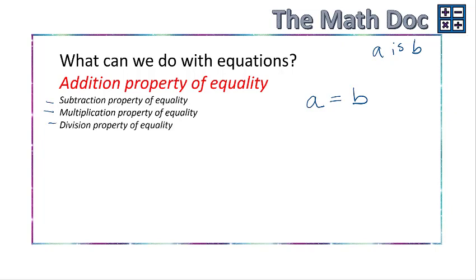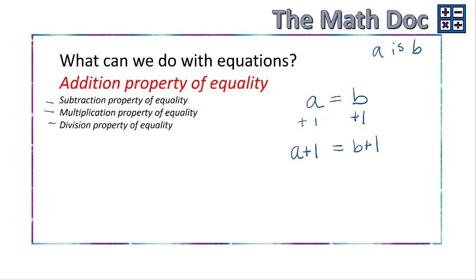I am going to add to both sides of this equation a number. For instance, I will add the number 1 to each side of this equation. Okay, I have on the left-hand side A plus 1, right? I added 1. And on the right-hand side, I have B plus 1.